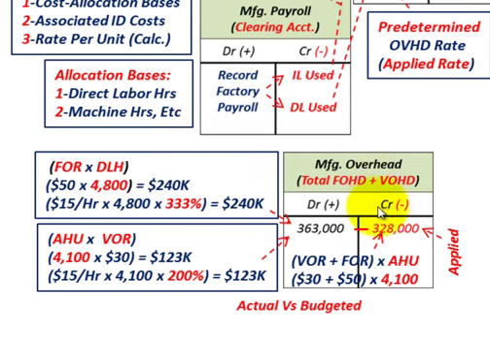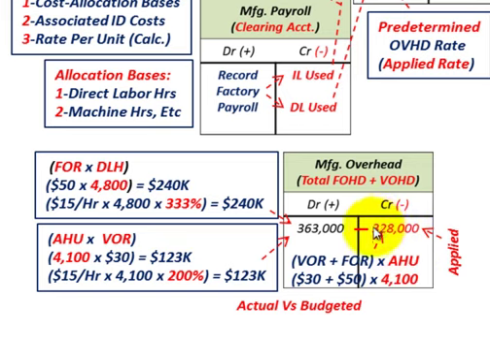And then for what we're charging out, the applied amount, we take our variable overhead rate of $30 per hour plus the fixed overhead rate of $50 per hour, a total of $80 per hour, times the actual direct labor hours used of 4,100 hours.